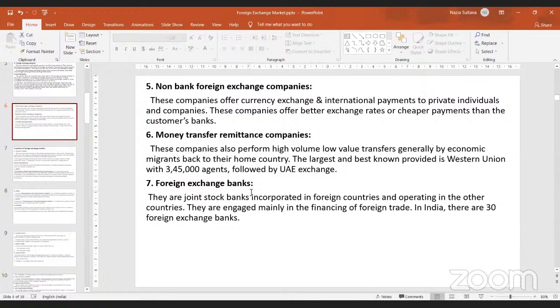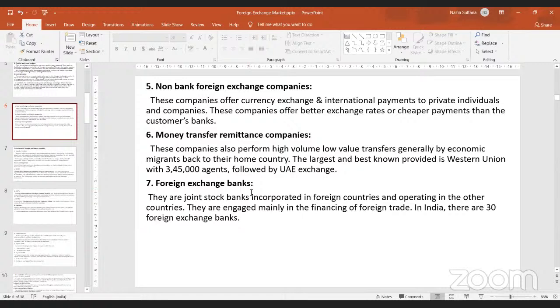Then you have money transfer remittance companies. These would be independent companies that are only doing the business of transfer of money, like Western Union. So you want to send money to your people who are staying abroad. Salaries which you earn in a foreign country can be sent back to your country through Western Union.